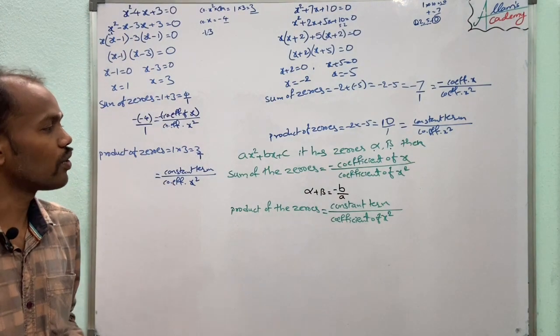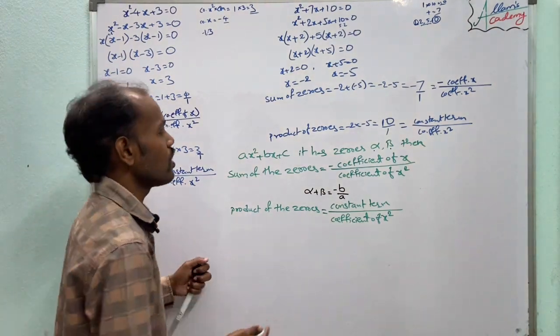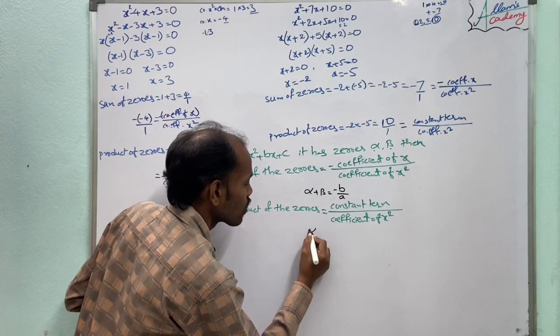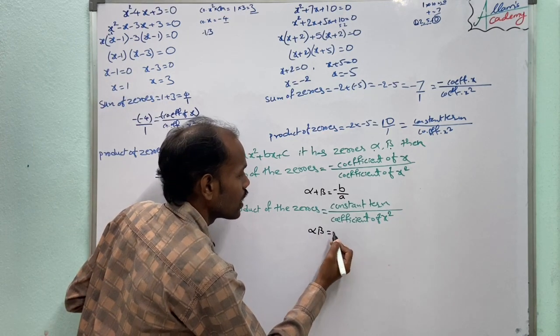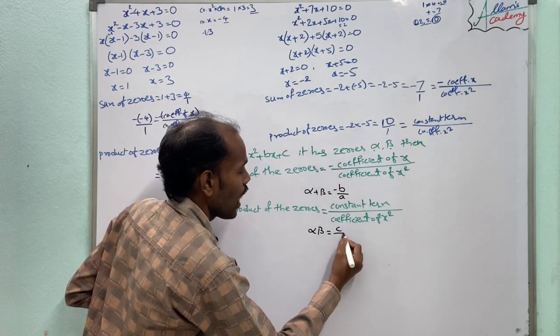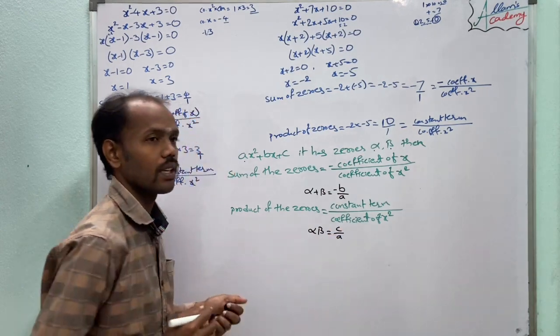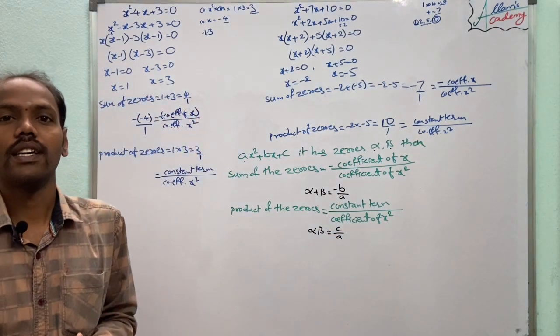Constant term by coefficient of x square is nothing but the product of the zeros. So alpha beta equal to constant term, that is c, by coefficient of x square, which is a. So alpha beta equal to c by a.